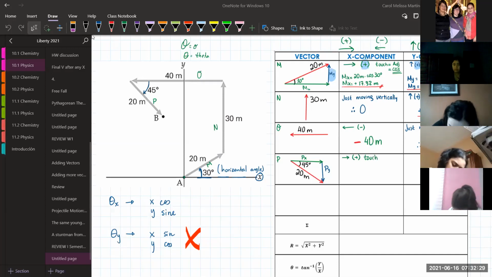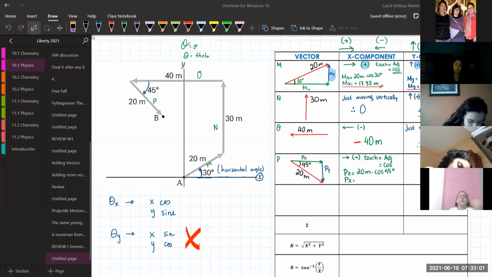If it touches the angle, it means that it is adjacent. And if it is adjacent, you will be using the trigonometric function cosine. So to calculate Px is going to be equal to the vector, which is 20 meters, times cosine of the angle, which is 45. Px is equal to 14.14 meters.